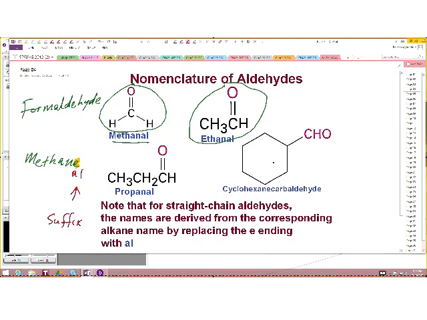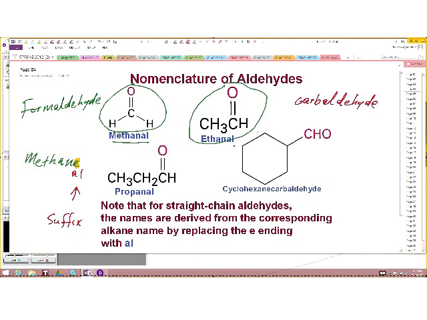Now, in the case when the aldehyde functionality is attached to a ring, what you need to do is give the full name of the ring, and then you use the suffix carbaldehyde.